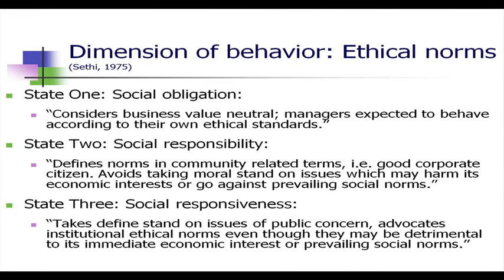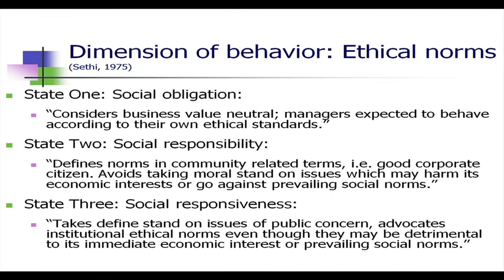Our organization is a good corporate citizen. So, we are going to do this as an organization. Avoid taking a moral stand on issues which may harm its economic interests or go against prevailing social norms. So, we don't take a moral stand on issues, but we go ahead and project ourselves as a good, as a right, as a nice organization.